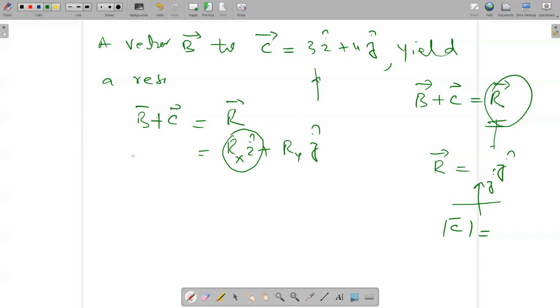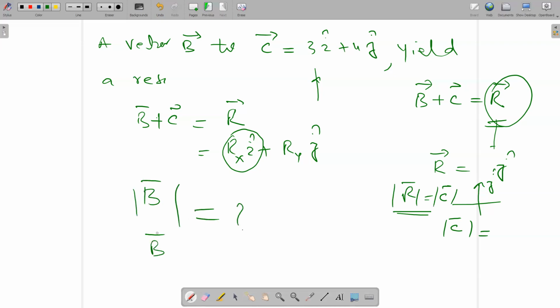The second condition is that it has a magnitude equal to C vector magnitude. So two conditions are given. The question is, what is the magnitude of B? So find the magnitude of B.